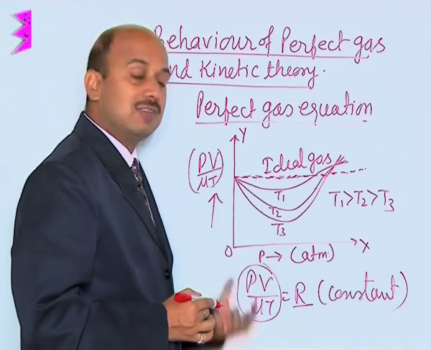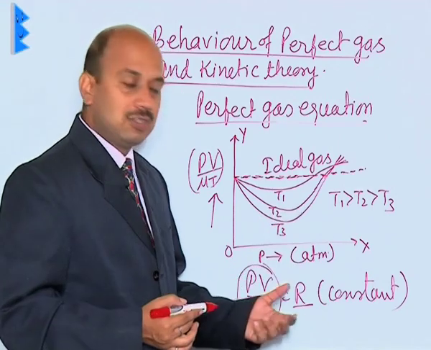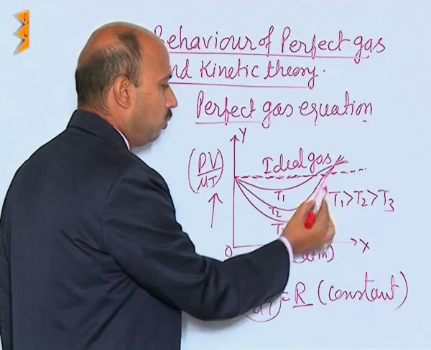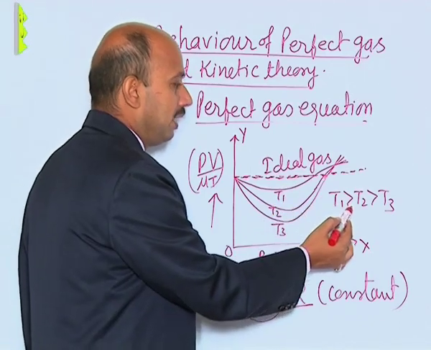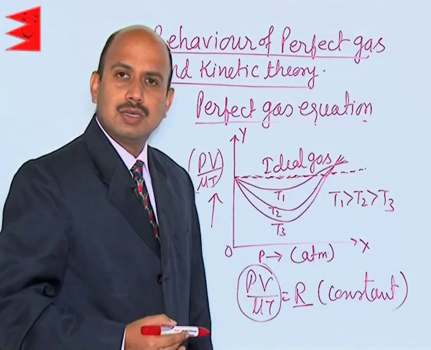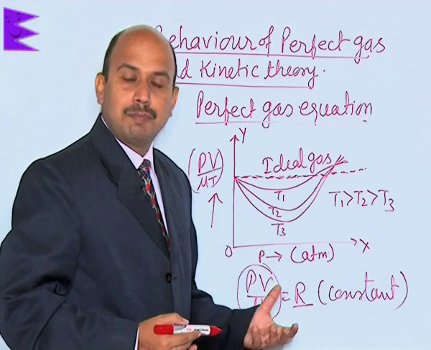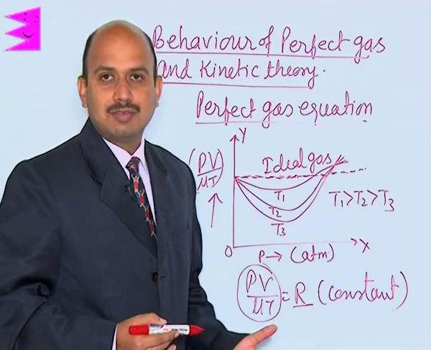But if you plot the same graph for real gases at different temperatures, you will get curves like this: T1, T2 and T3. Here T1 is greater than T2 is greater than T3. So from the graph it is clear that at low pressure and high temperature, real gases approach the behavior of ideal gases.